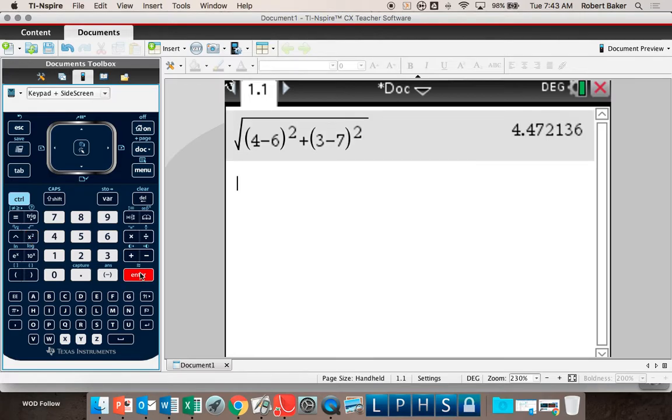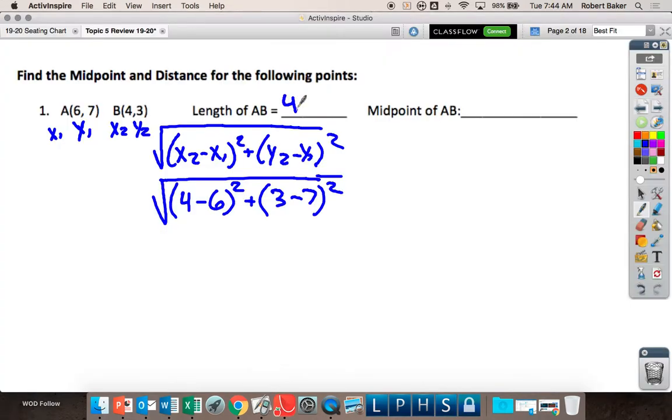So the distance from A to B is 4.5 units, because we're rounding to the nearest tenth, 4.5.